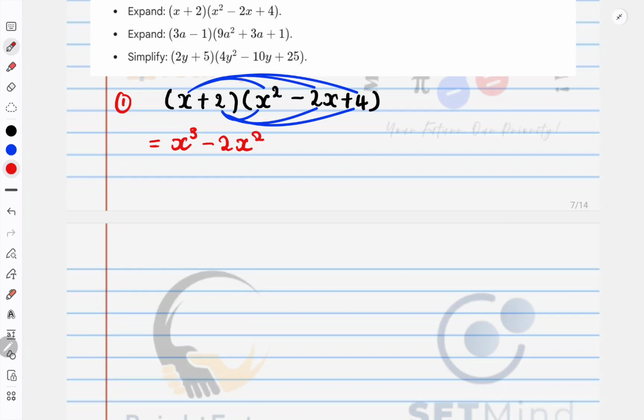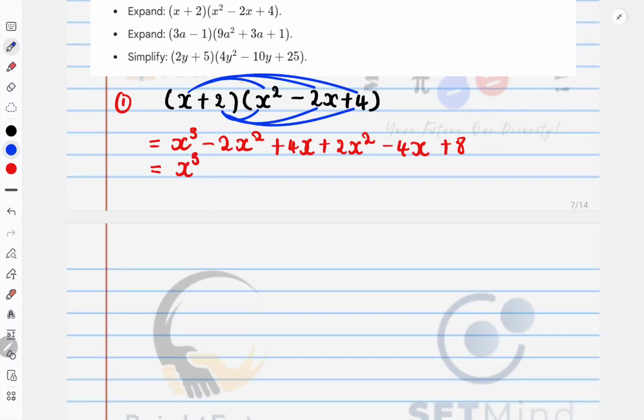And then x multiplied by 4 is plus 4x, and then 2 multiplied by x squared is plus 2x squared. 2 times negative 2x is minus 4x, and then 2 times 4 will be plus 8. And then we will have x cubed.